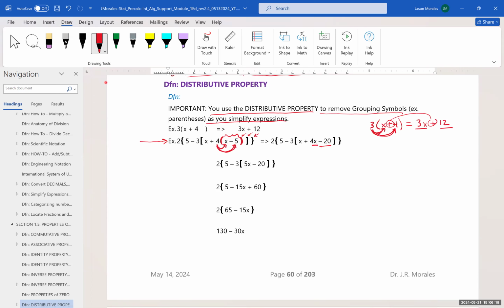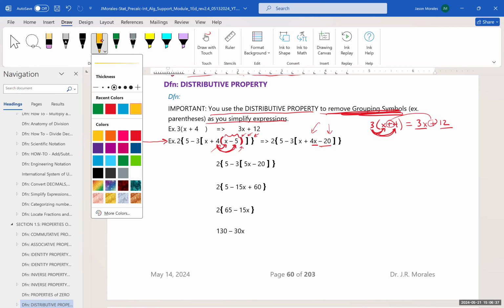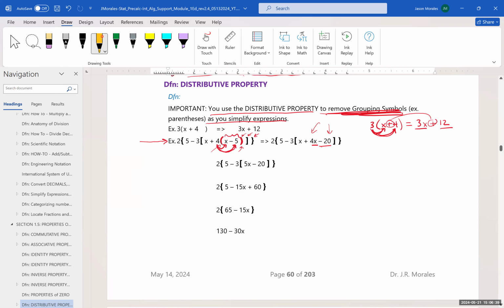Now notice when we did that, these parentheses that I've written in red here, they're gone. So by applying the distributive property, we can remove grouping symbols. That's what I was referring to earlier. So now with the parentheses gone, we can look at the next inner layer, which are these brackets here.